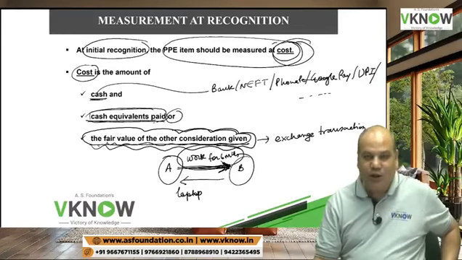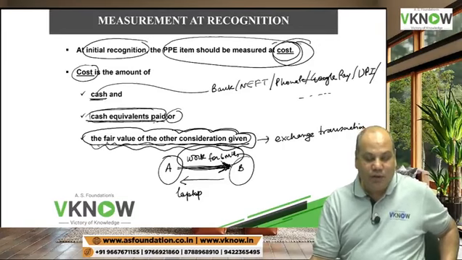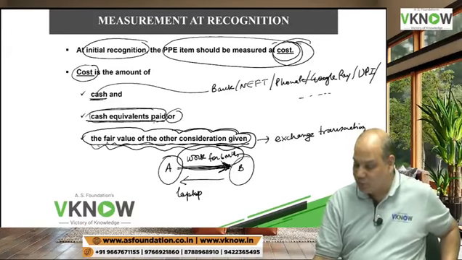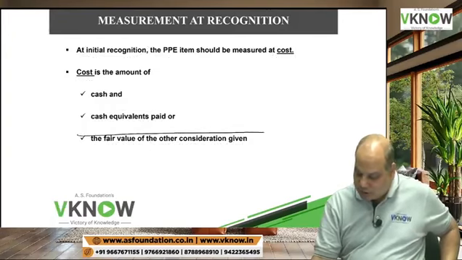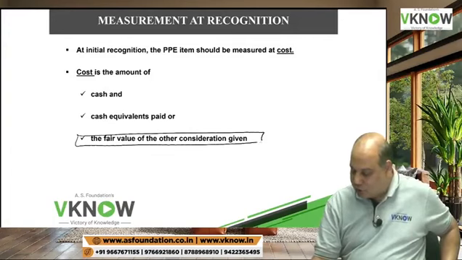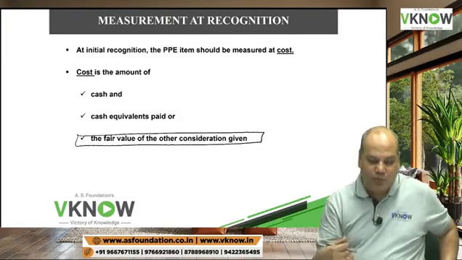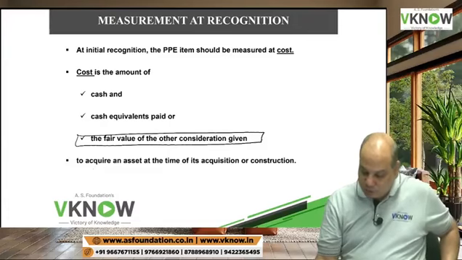We will calculate the fair value of the work for 6 months, and that will become the cost of the laptop. Is it right? We will discuss this in detail with lots of interesting examples later. You give something in exchange, you get a PPE in return. How will you value it?